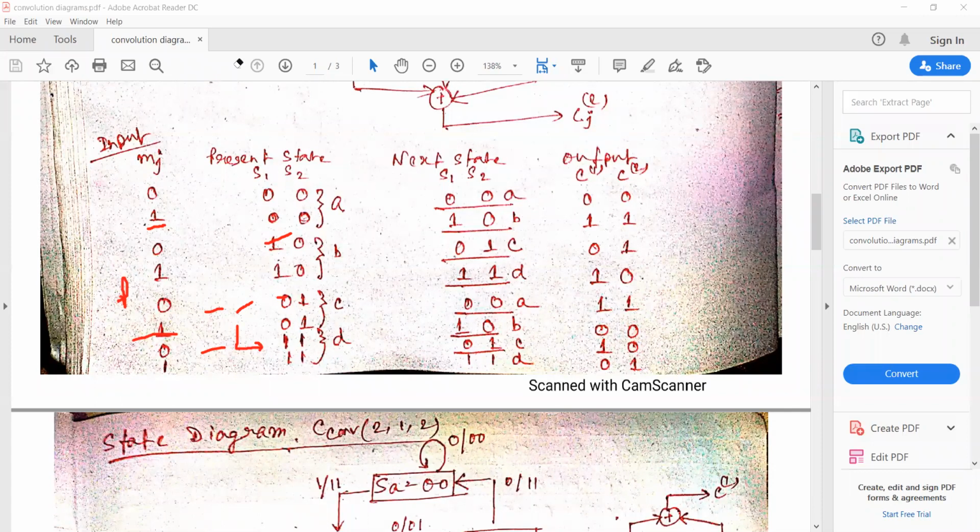It will be converted to C and D. What is the condition when present state B will be converted to next state C? When the input is 0 and output is 01. And what is the condition when B will be converted to D as the next state? The input should be 1 and output should be 10.